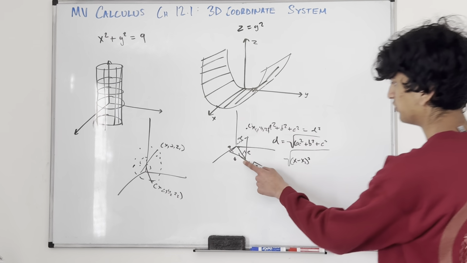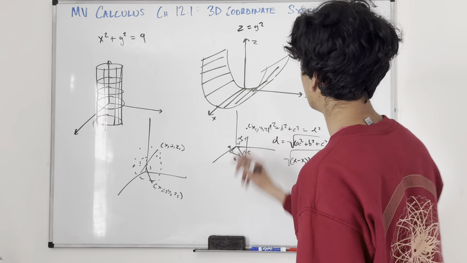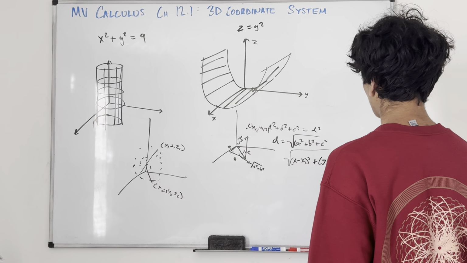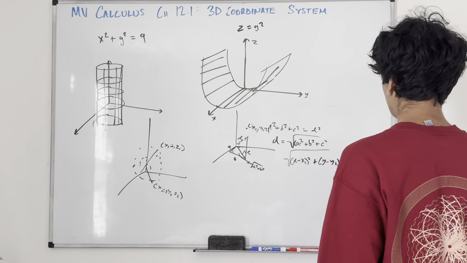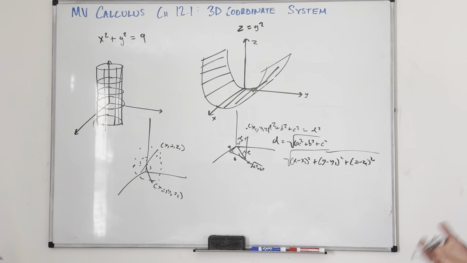Whatever this x value is, minus the x value here, to get that total x distance. Same thing for y minus y1 squared, and z minus z1 squared. So this is a distance formula. This is an application of the Pythagorean theorem.